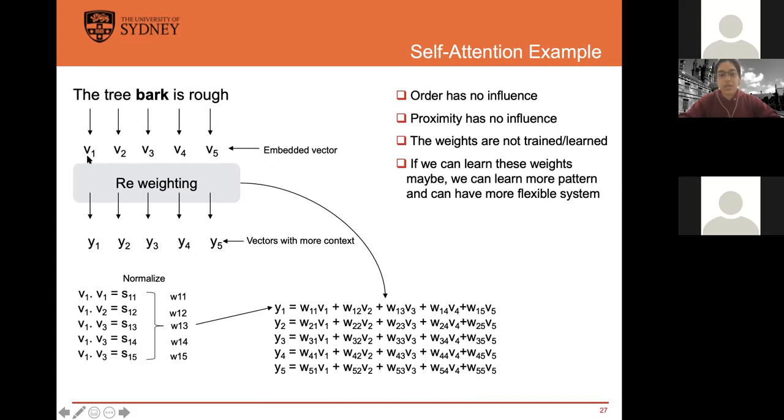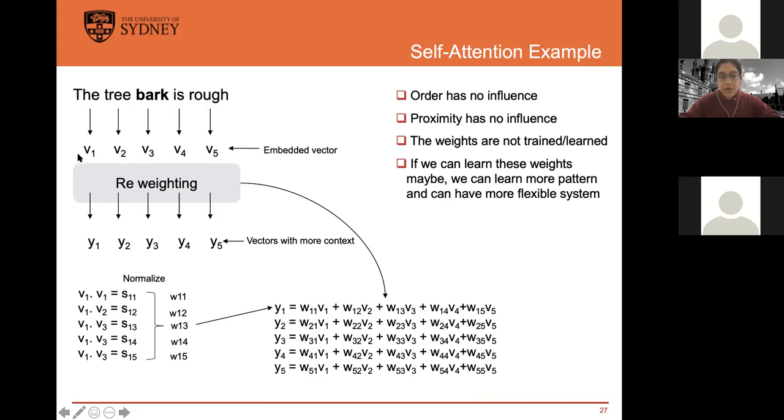How this reweighing is done: consider the first vector. You have to do it for every word, but let's consider one for example, then we'll move to generalization. For vector v1, you calculate these scores. These scores are nothing but a kind of similarity operation, right? We are doing a dot product with each of the other vectors in the sequence.